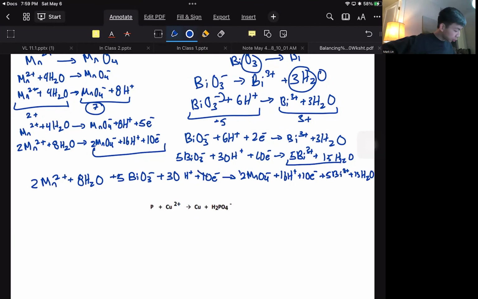And then now let's just rewrite everything. So 2 Mn2 plus 5 BiO3 minus plus, oh right, the hydrogens. So on one side we have 16 hydrogens, on the other side we have 30 hydrogens. 30 minus 16 is going to be 14. So it's going to be plus 14 hydrogens.